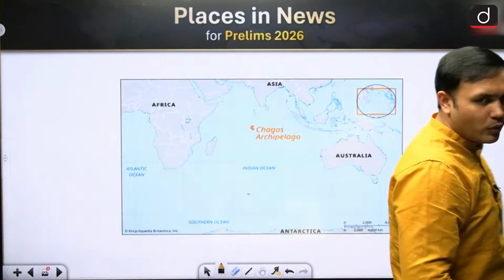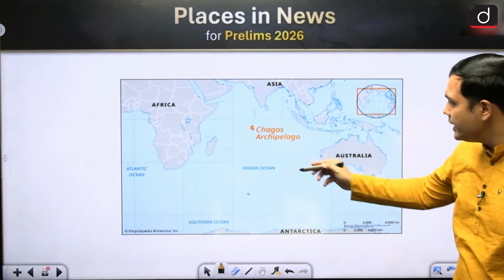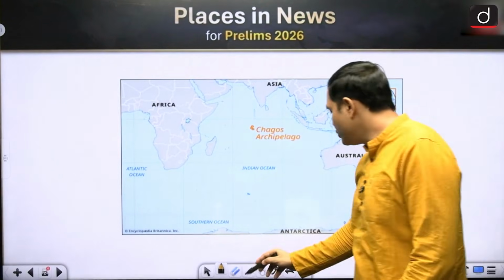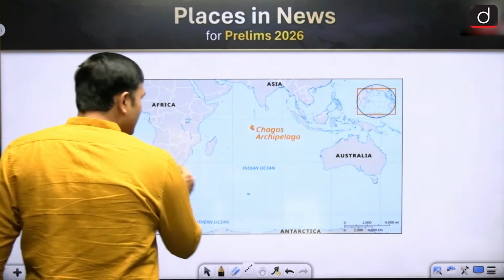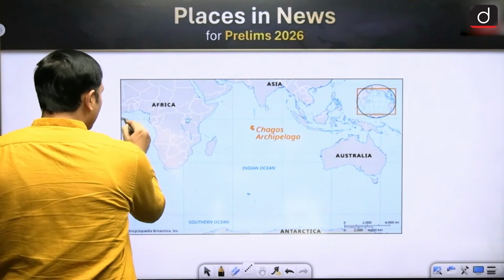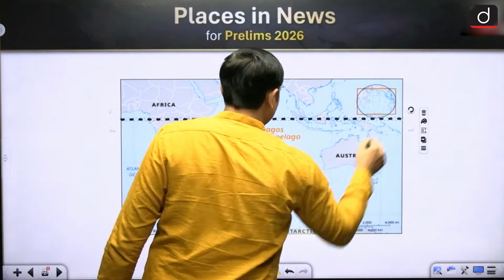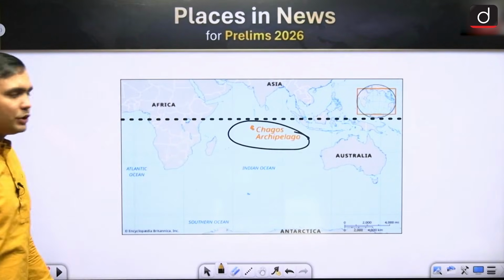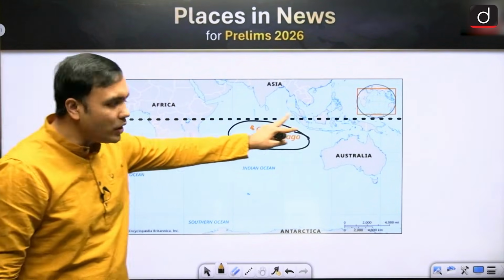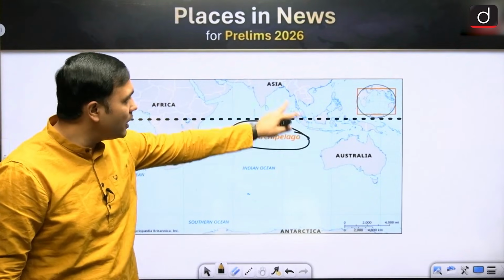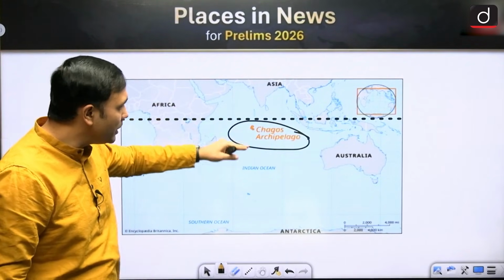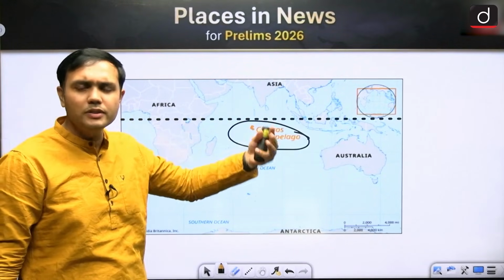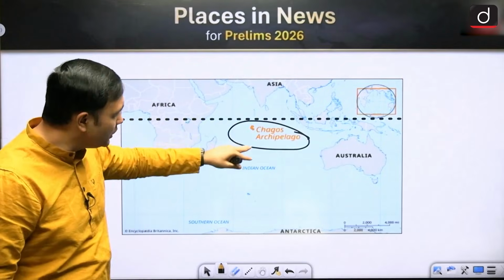Now, in this regard, what you can remember is, is it above or below the equator? If you see this Chagos archipelago, it is below the equator, not in the Bay of Bengal region, but in the Indian Ocean region, below which territory of ours? Of course the Lakshadweep region.